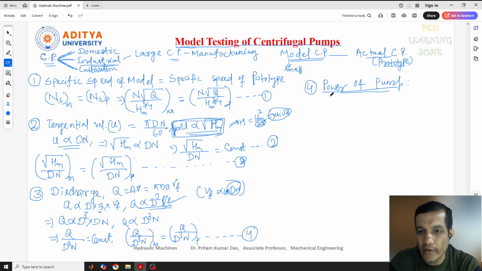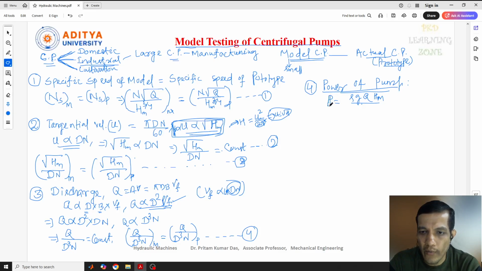This is actually P equal to rho g Q Hm, that is W Hm. So in place of W I am writing rho g Q, and if you want to convert into kilowatt, we can divide by 1000. So I'll write only this much.